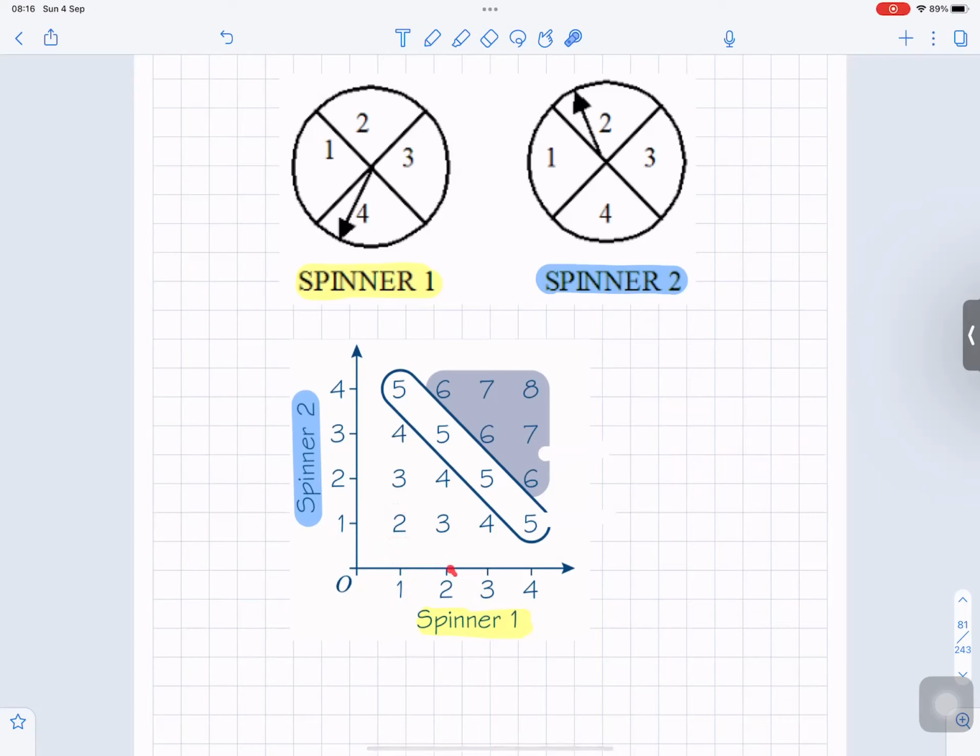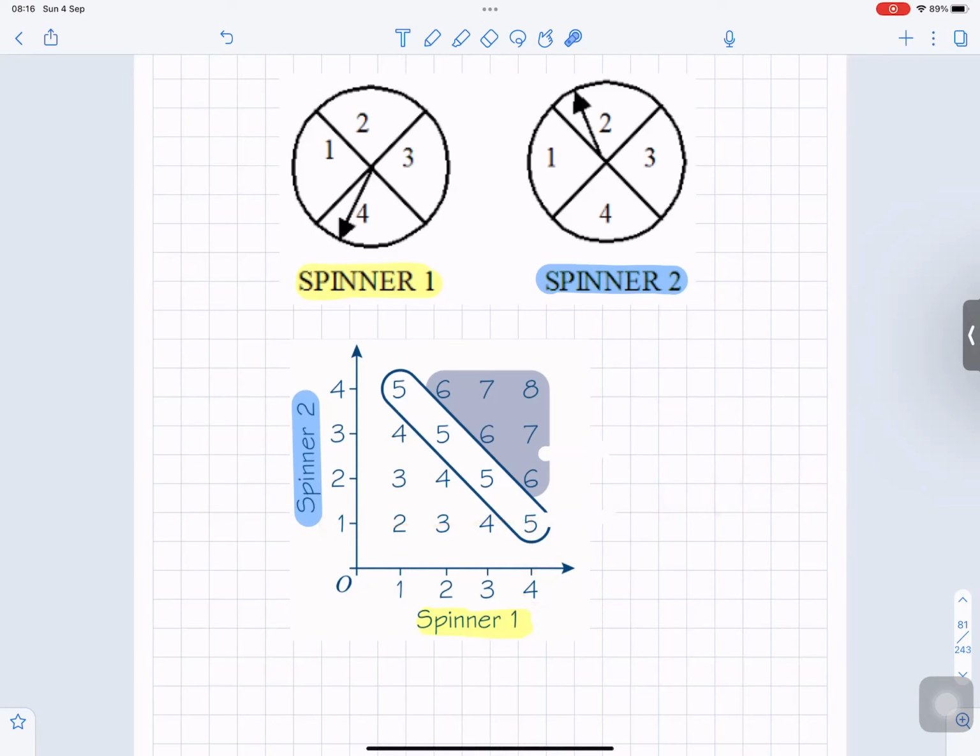If spinner 1 lands on 2, spinner 2 lands on 1, you add them, 1 plus 2 gives you 3. And if spinner 1 lands on 3, spinner 2 lands on 1, you add them together, 3 plus 1, it gives you 4. If spinner 1 lands on 4 and spinner 2 lands on 1, you add them together, 4 plus 1, it gives you 5.